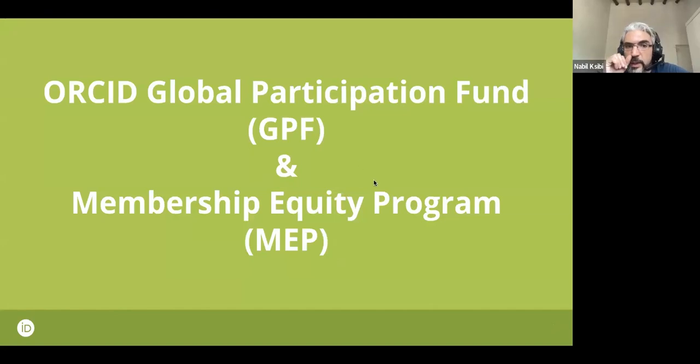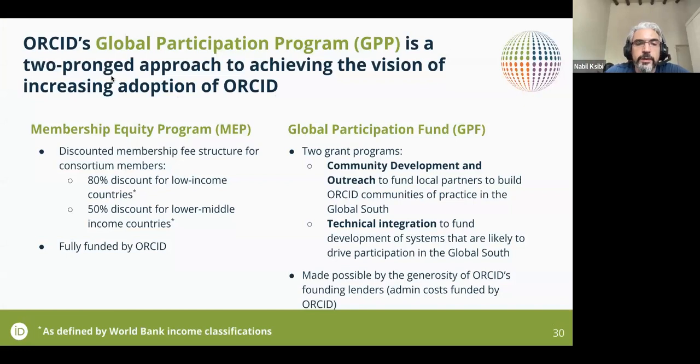Now, very briefly on the Global Participation Program, we do offer an 80% discount for low-income countries and a 50% discount for lower-middle-income countries in case a country or community would like to form a consortium. And LIC and LMIC country definitions are taken from the World Bank income classification.